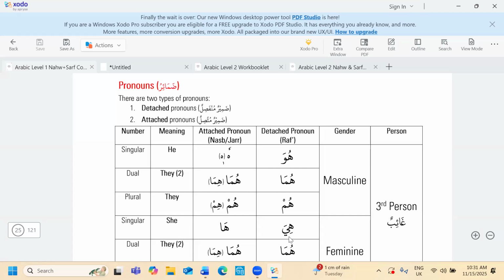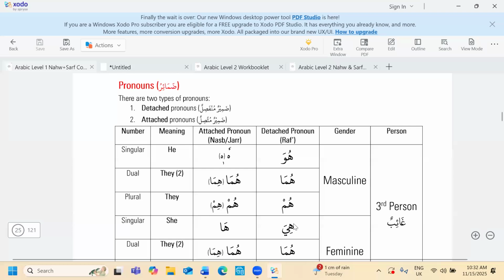That's one thing, but what would the meaning of hiya be if you're referring to an irrational plural? Because remember, irrational plurals are treated as singular feminine, so you're going to be using the word hiya for irrational plurals. Yeah, they. So that's another meaning.